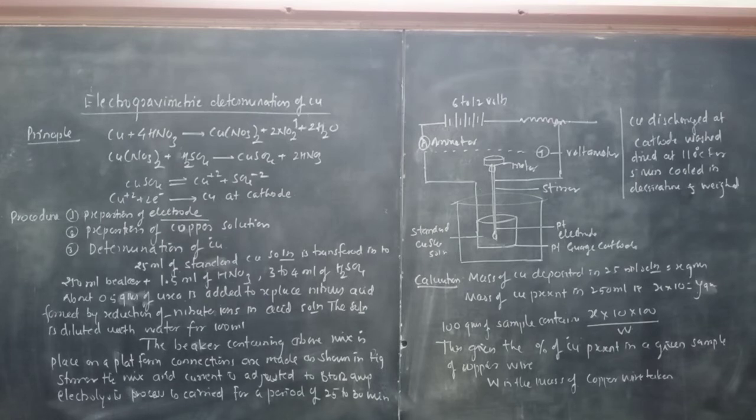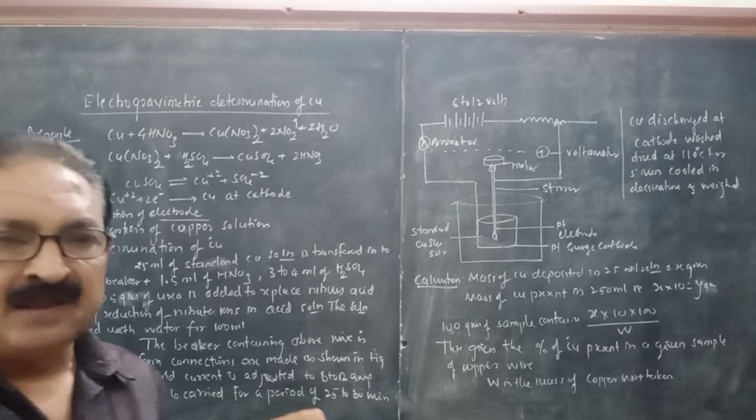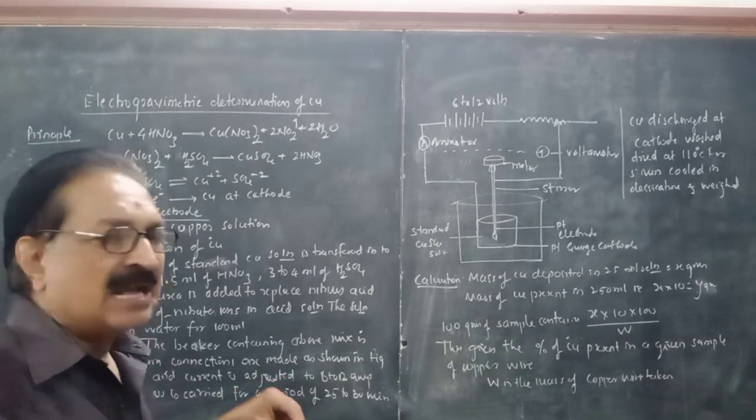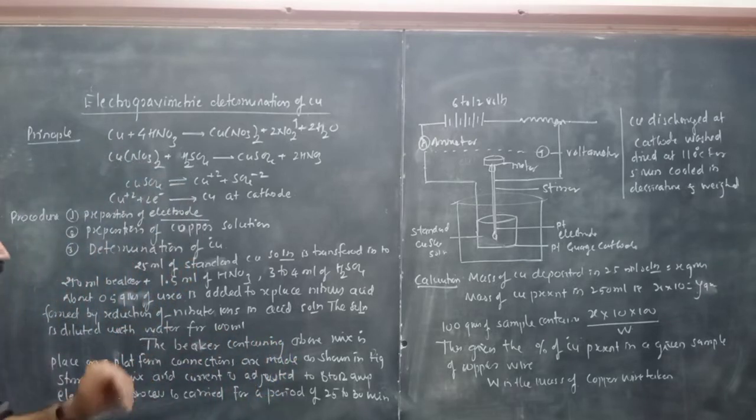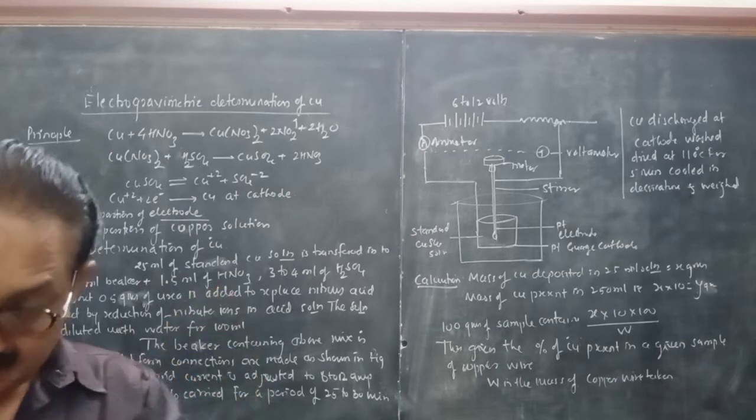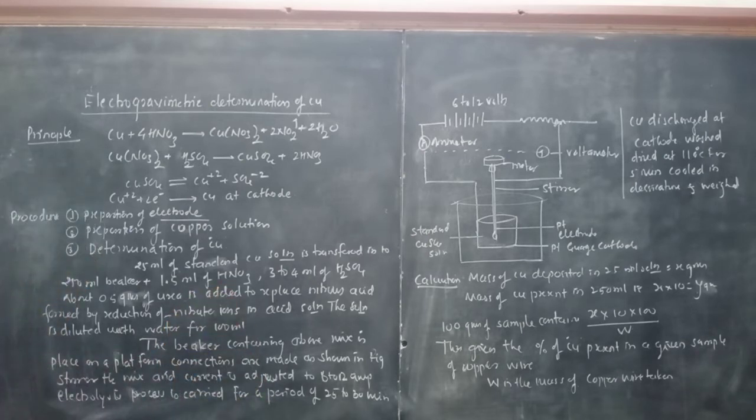See here, the cathode is taken out. It is first immersed in concentrated nitric acid for a period of 1 minute. After that, the cathode is further immersed in dilute nitric acid for a period of 5 minutes. After that, the cathode is removed. It is washed with water, washed with acetone also, means it is dried.